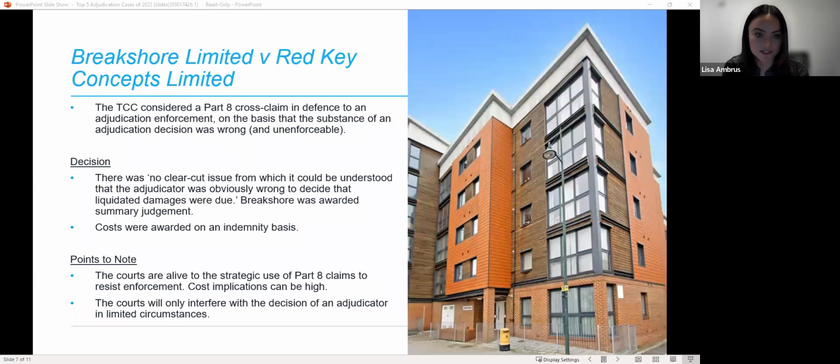So in this court action, Red Key asked the court to declare, without revised planning permission, it was unable to continue works and was entitled to suspend the works under the contract, and further, that the adjudicator's decision to award liquidated damages was unenforceable. In its judgment, the court followed the case of Hutton Construction against Wilson Properties, which decided that an adjudicator's decision can only be challenged via the Part 8 procedure in very limited circumstances.